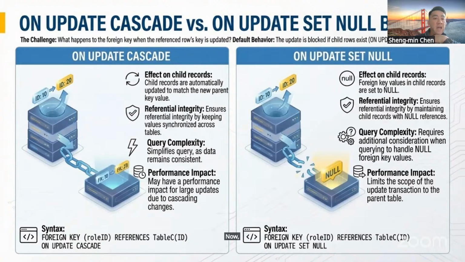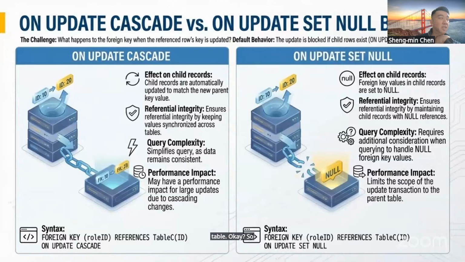Now, slightly different is on update cascade compared to on delete cascade. Because on update cascade will only change the value on your referencing table, the foreign key ID, so it will match the new primary key value in the original table. Okay?